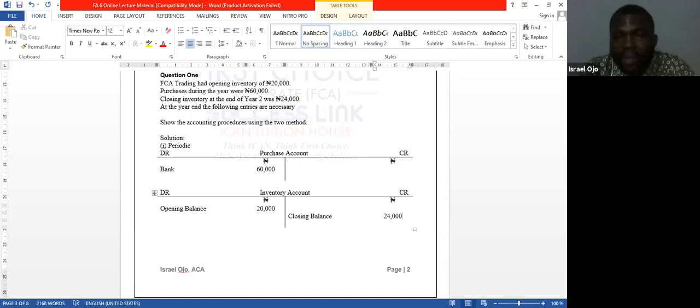Now that we have that, we need to write off some items. For the purchase account, what we need to do is to write off that balance to cost of sales. Because we need the figure under cost of sales to derive the total cost of sales that will be used to reduce our sales or our revenue.